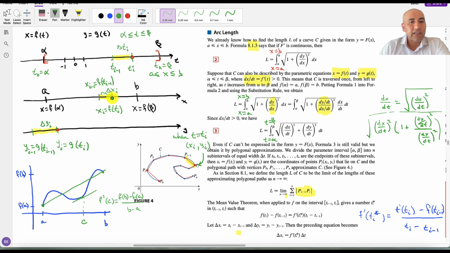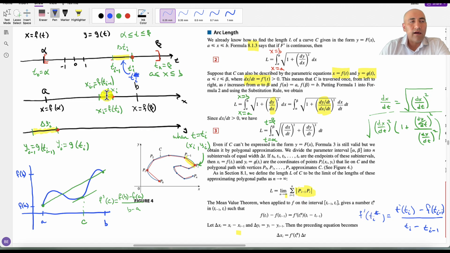So as long as the x variable is continuous on a closed interval, then the mean value theorem applies. There must be at least one, maybe more than one, value t sub i star in here. So somewhere in here there will be a t sub i star value such that this is true, that there's an average change, right?